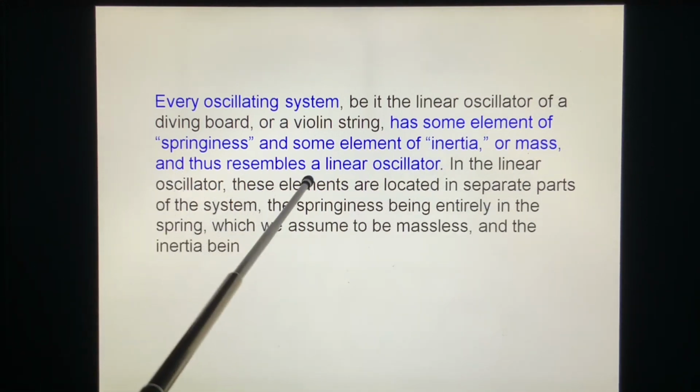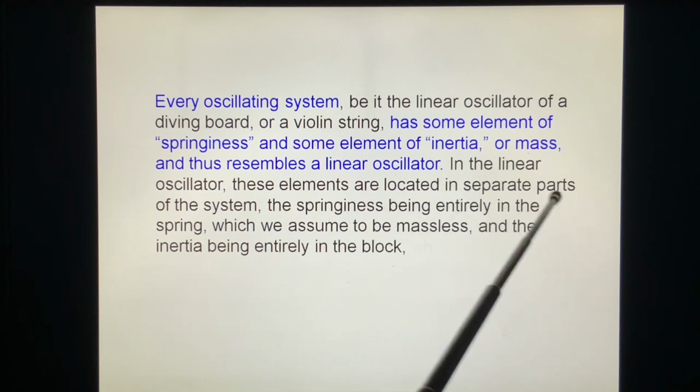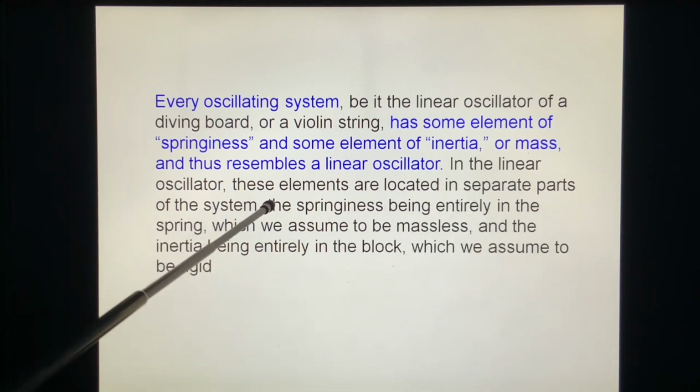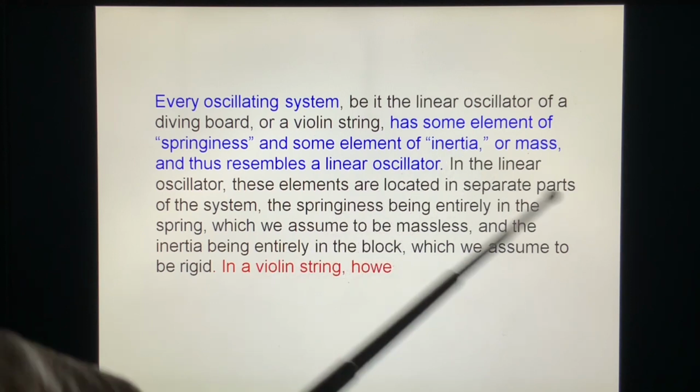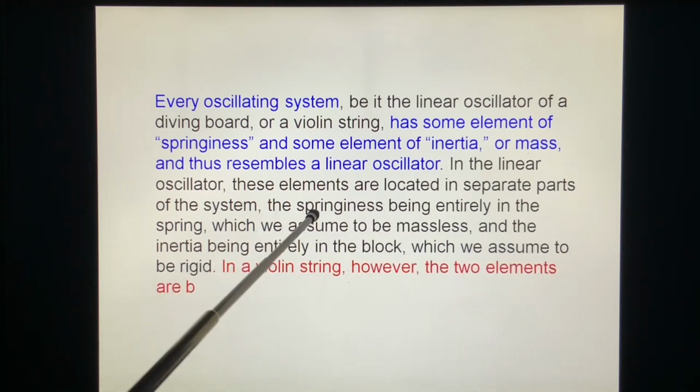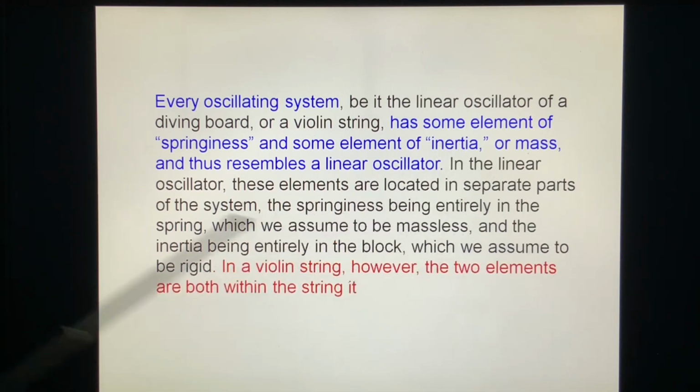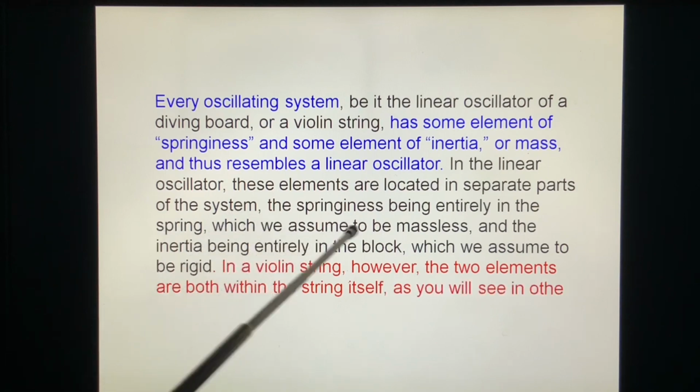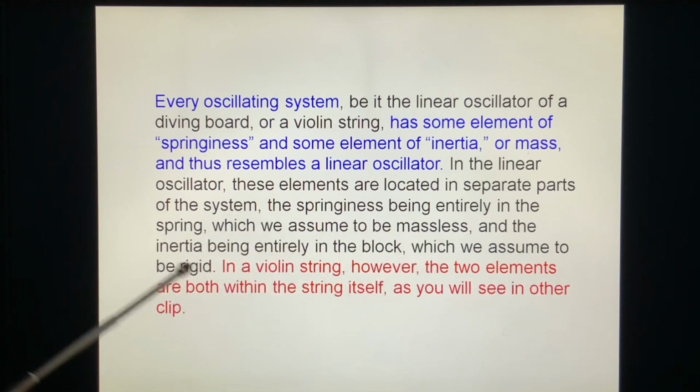In the block-spring oscillator, these elements are located in separate parts of the system. The springiness is entirely in a spring, which we assume to be massless, and the inertia is entirely in the block, which we assume to be rigid. However, in a violin string, the two elements are both within the string itself, as you will see in other clips.